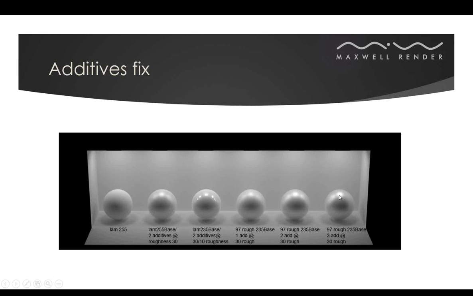It's also nice because it lets you have many different roughnesses on a material in additive mode to give a nice effect, and it's not a problem anymore, so you don't have to worry about additives anymore. This was a really hard fix to do, but now it works perfectly. It's a huge difference, as you can see.